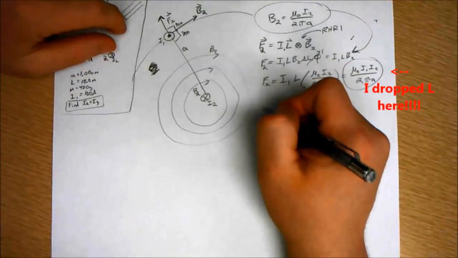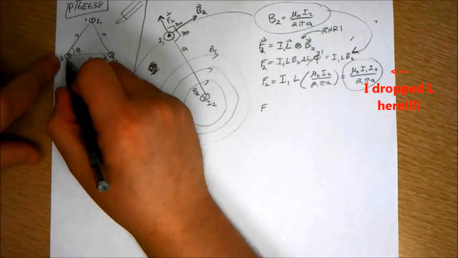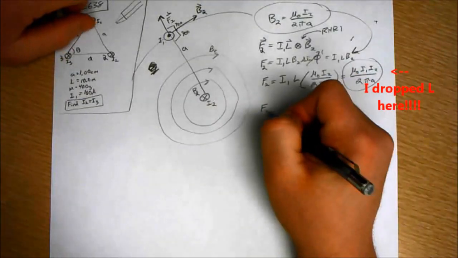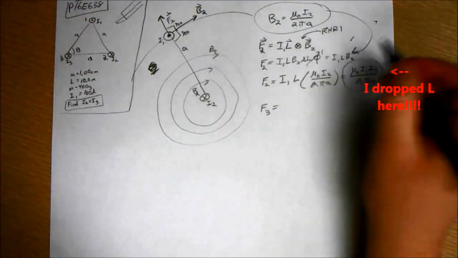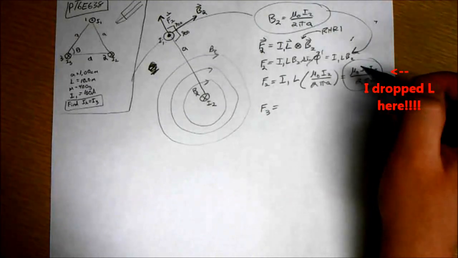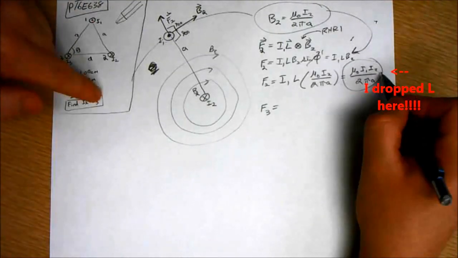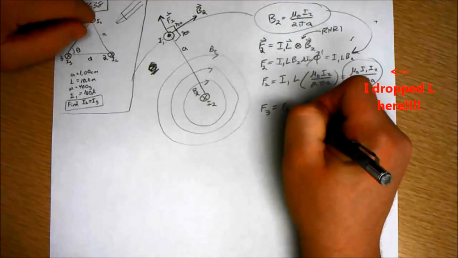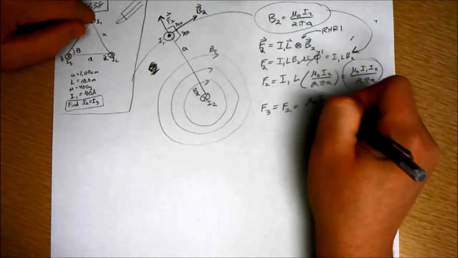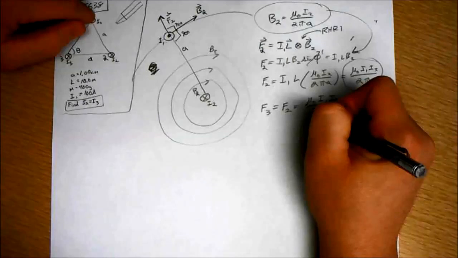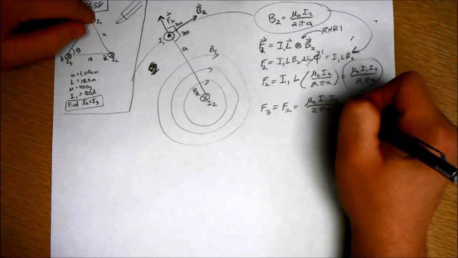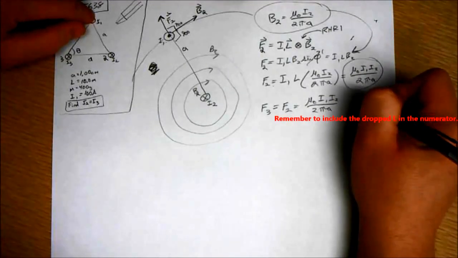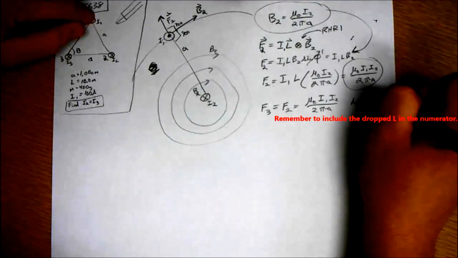Now we also have to say what is F3. Remember, F3 is the force from this wire over here. Well, it's all going to follow the same thing, and we know I3 is equal to I2, so F3 must just equal F2, mu naught I1 I2 over 2 pi A. Again, that's because I2 equals I3.